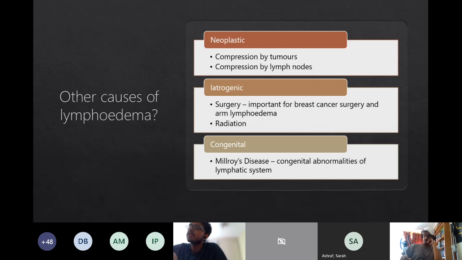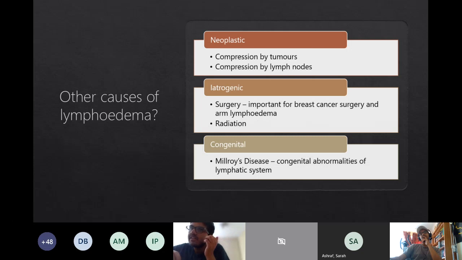Other causes? So someone already said lymph node removal. But I like to categorize them into neoplastic, iatrogenic, and congenital. So with neoplasm, you can have compression by tumors and compression by lymph nodes. And again, anytime anything's compressed by lymph nodes, you should be thinking of lymphoma.